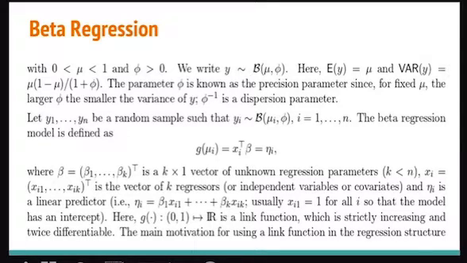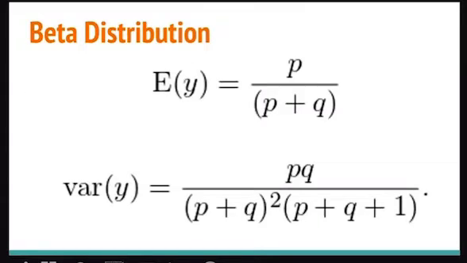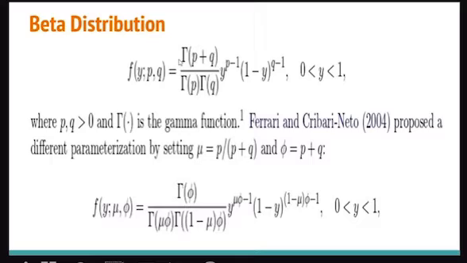When we're incorporating that into regression modeling, initially we started with P and Q, which are the parameters of a beta distribution. But Ferrari and Cribari-Neto 2004 reparameterized that.